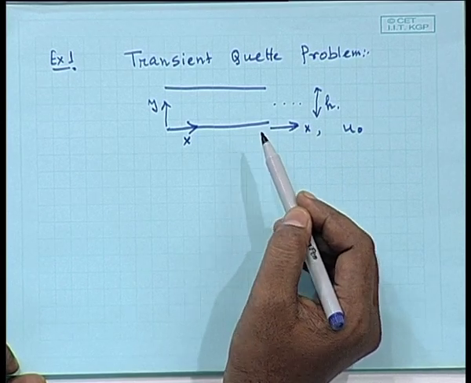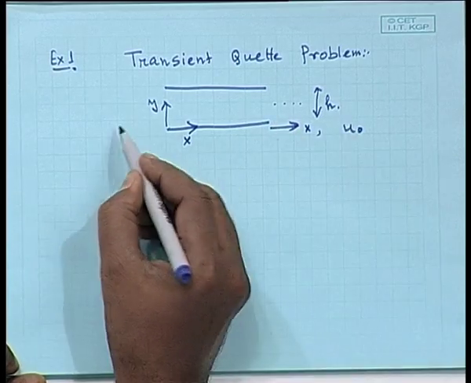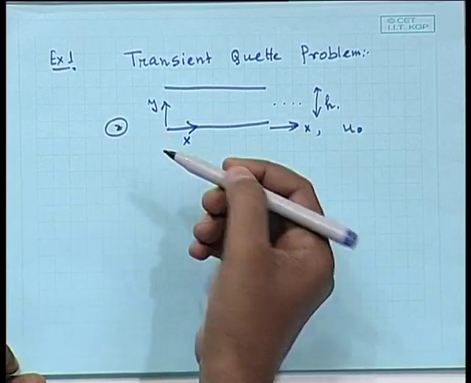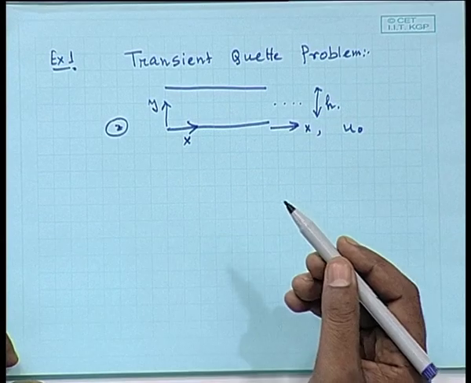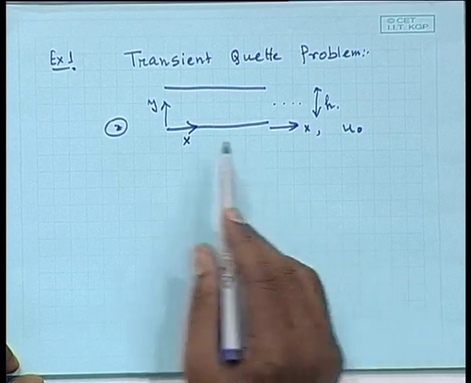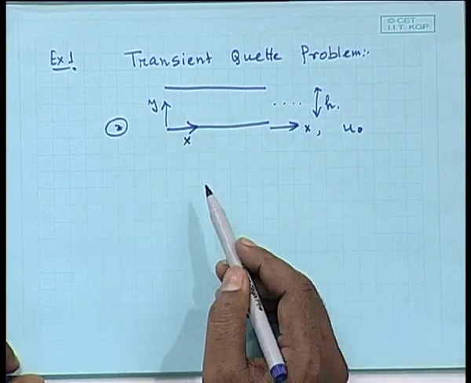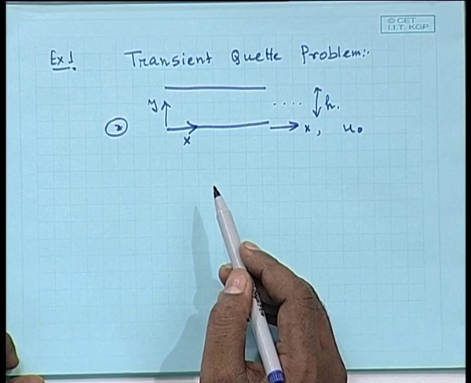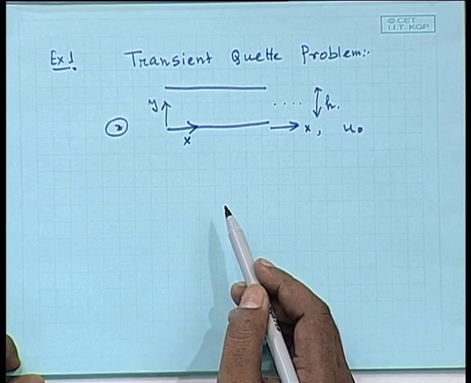There will be no y component velocity for this system. Now, the z dimension is coming out of the plane of the paper and it is very large compared to the x length and the height. So, all variations of any dependent variable in the z direction will be negligibly small.